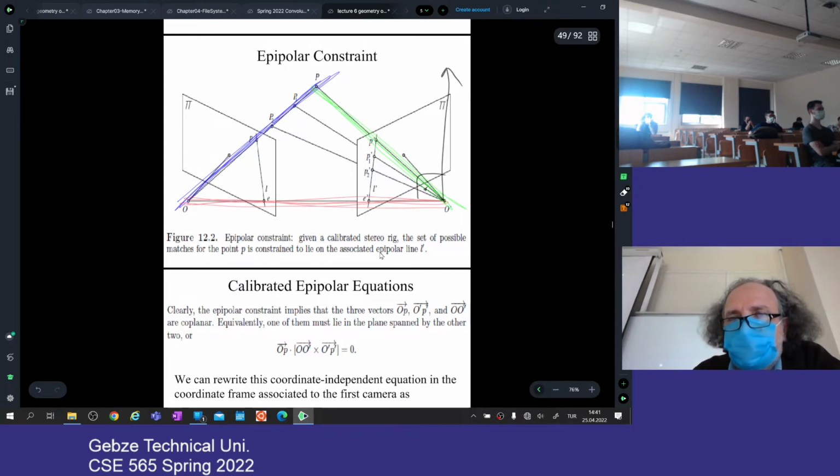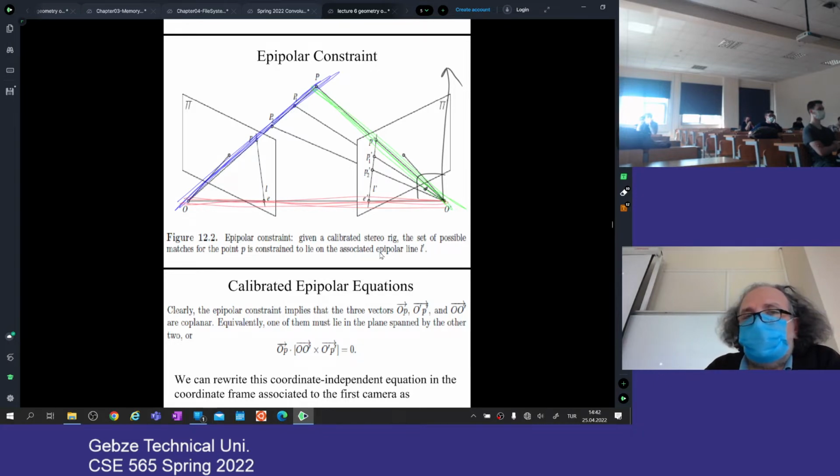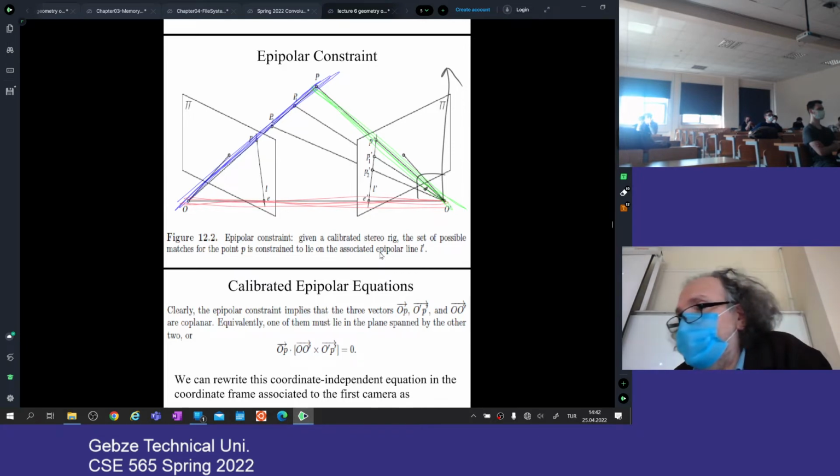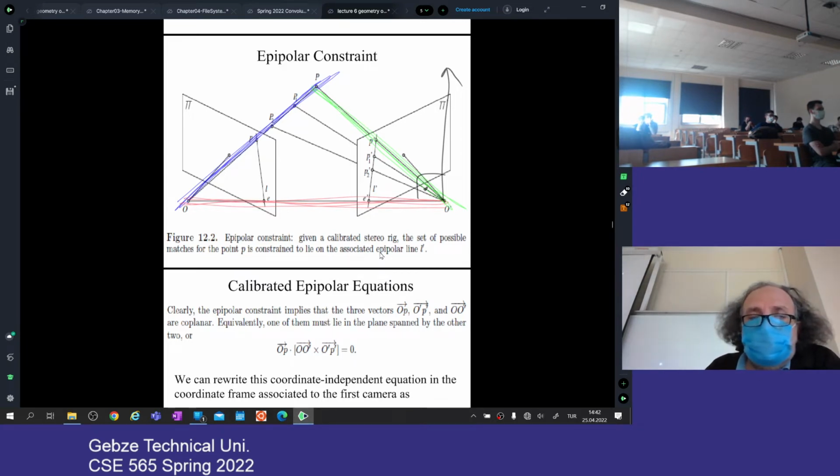If I take a dot product between this blue vector and this new vector, it will be 0, because if two vectors are perpendicular to each other, the dot product between them will be 0. That's the definition of the dot product. Okay, so that's what I'm going to do.